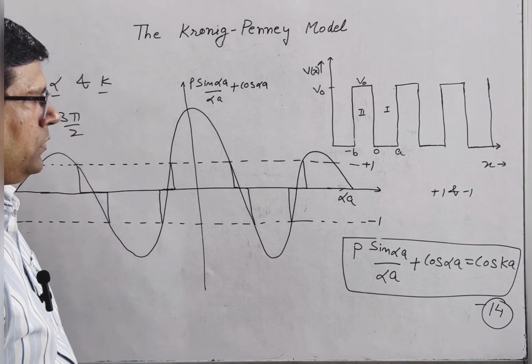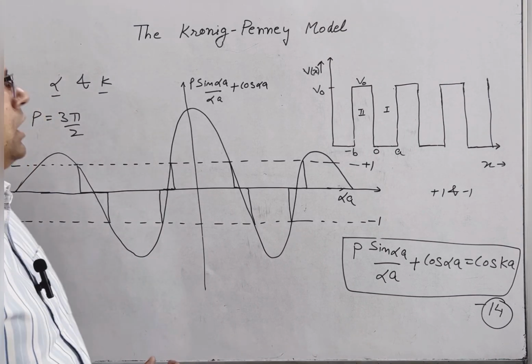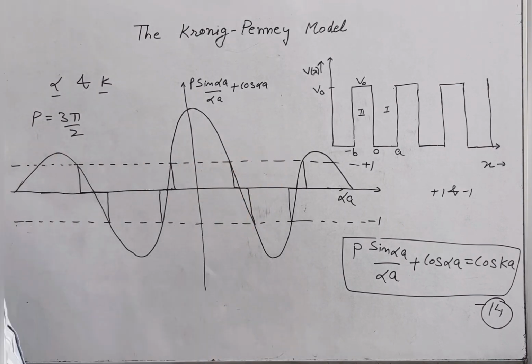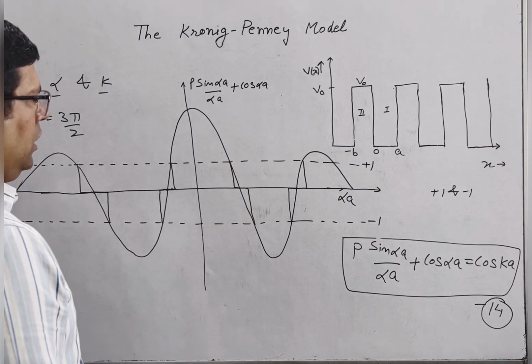Now we can see in this figure that these solid lines will give the permitted values of wave function. Now we will draw the important conclusions from this Kronig-Penney model.